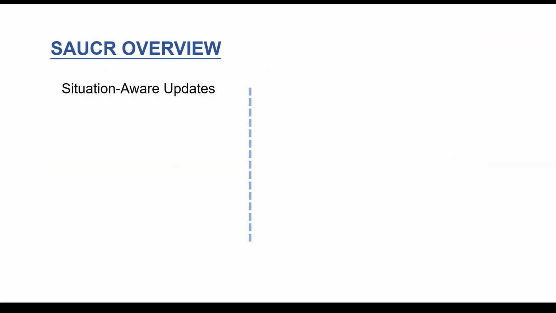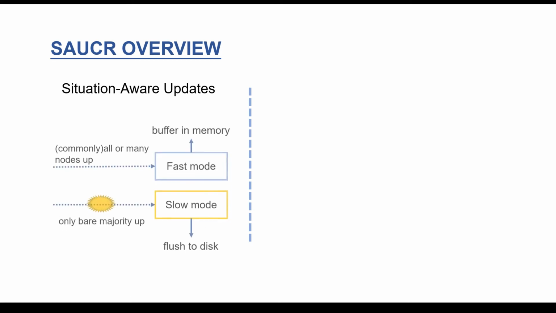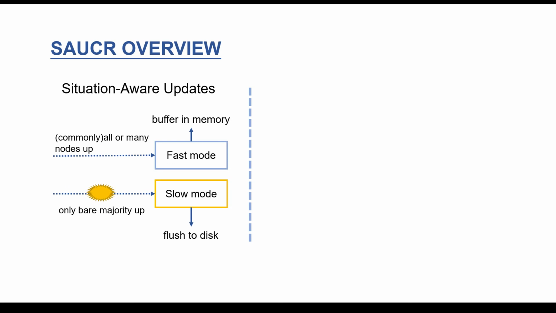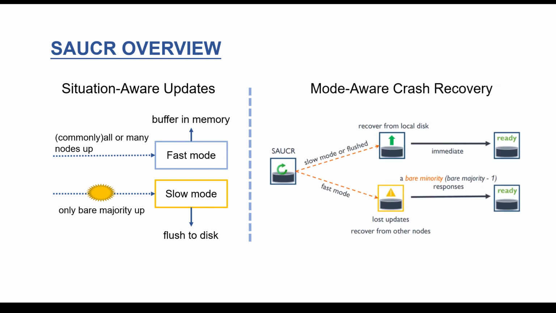Now we can talk about SAUCR and how it works. First, we already saw the situation where updates switch between different modes. Another scenario is crash recovery. Every node, when it's recovering, needs to know its pre-crash mode.